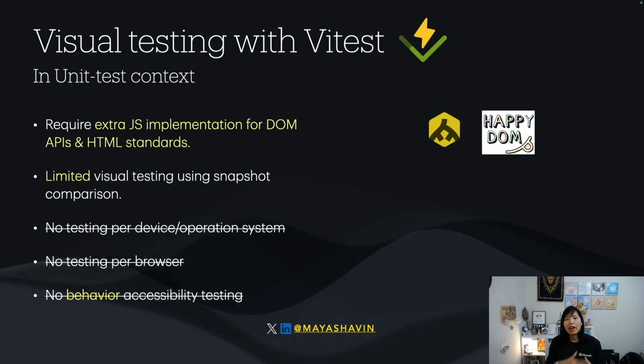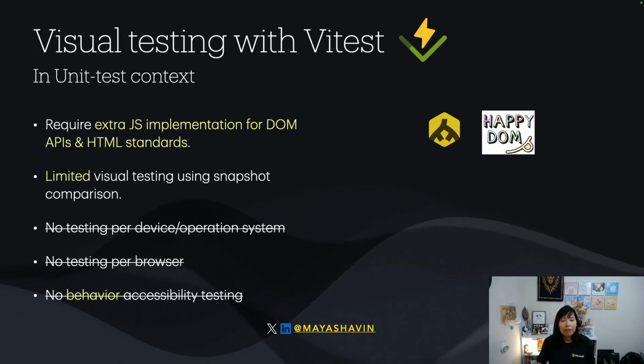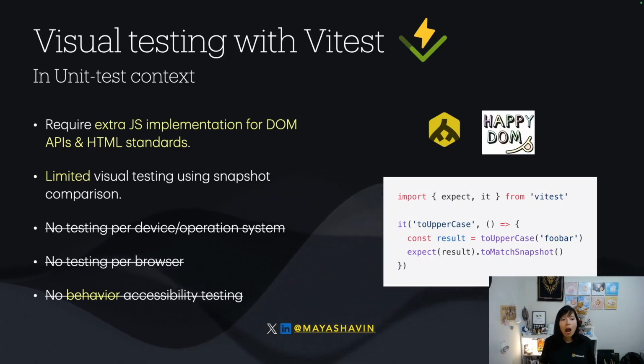These packages provide APIs like query selector, to have attribute, query by role and so on, so that you can assert according to the DOM API or even window objects, for example. It does have visual testing by default using snapshot comparison with the toMatchSnapshot function, but it's very limited, and we're going to see why in the next slide.